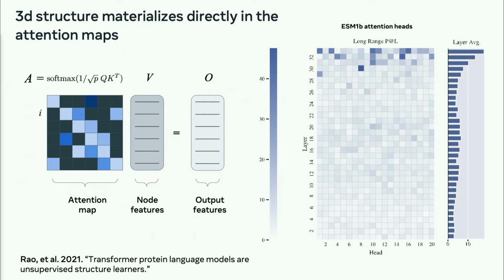And so one of the things that we looked at is, after training, does this correspond to the structure of the protein, the underlying biology of the protein? So that's what's depicted on the right here.